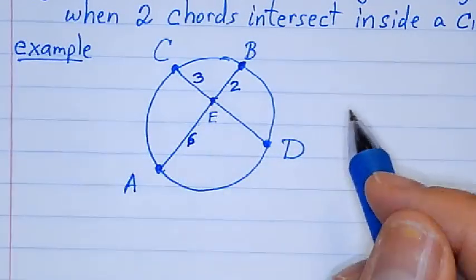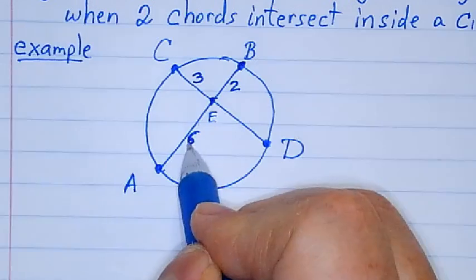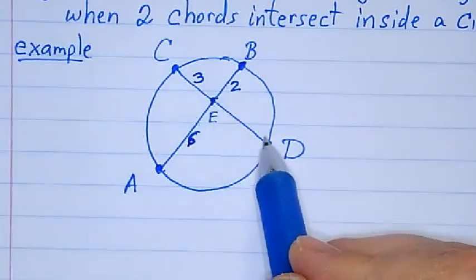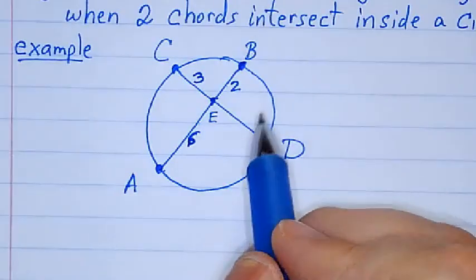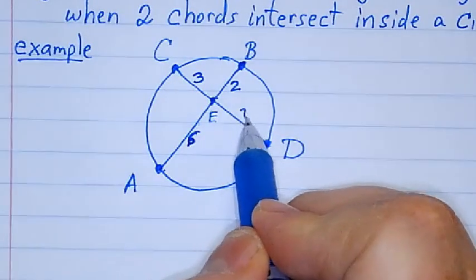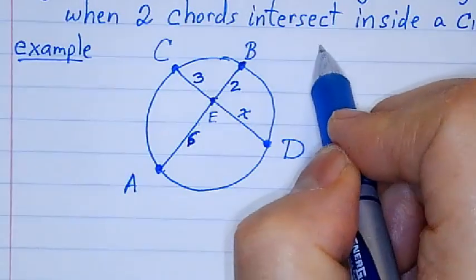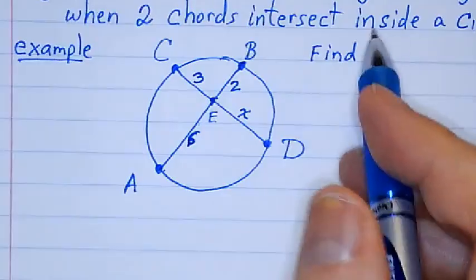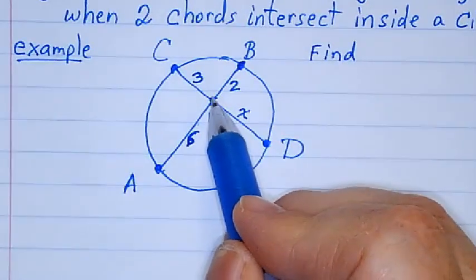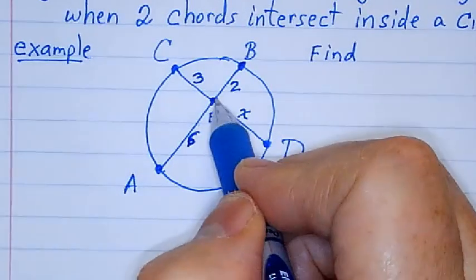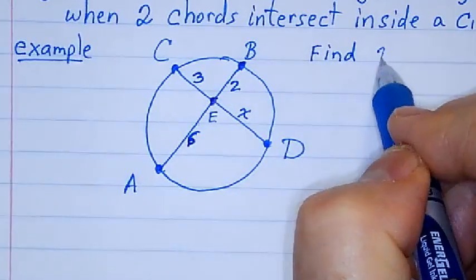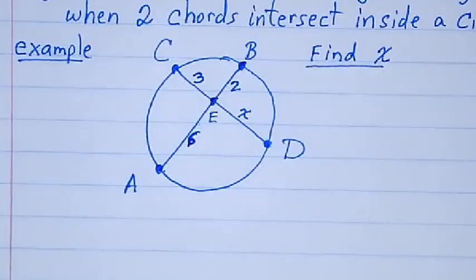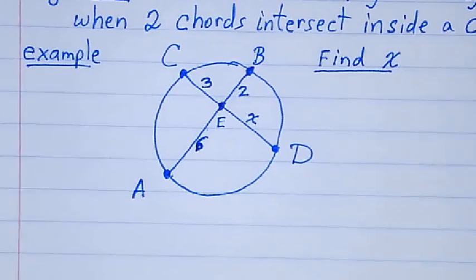And then eventually I'm going to ask you to find the segment length from E to D, and I'll just call that X. Find X, where X represents the distance from point E to point D. That is the question. It's based on the following concept.